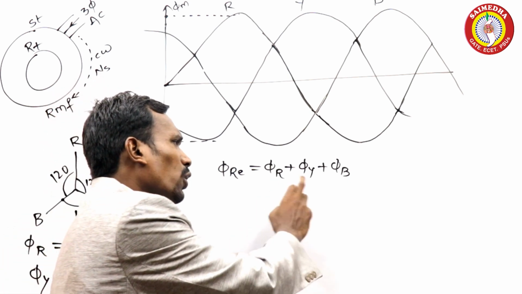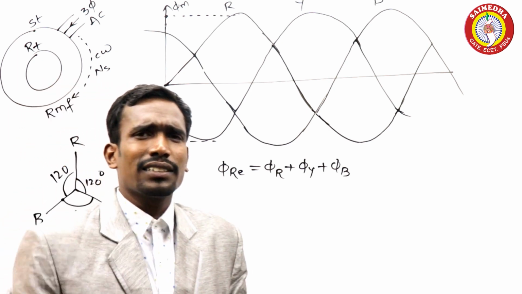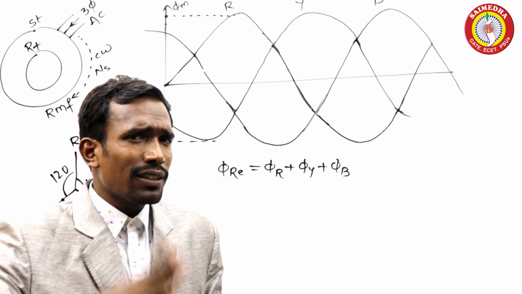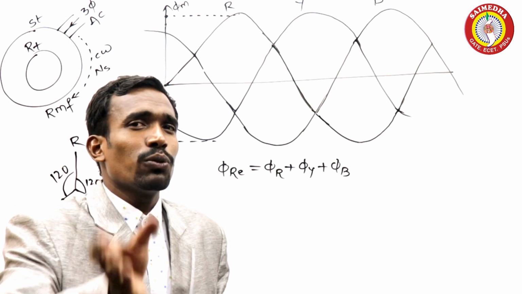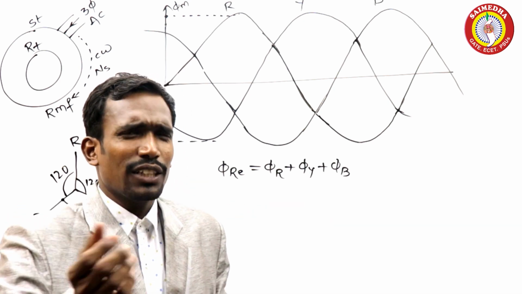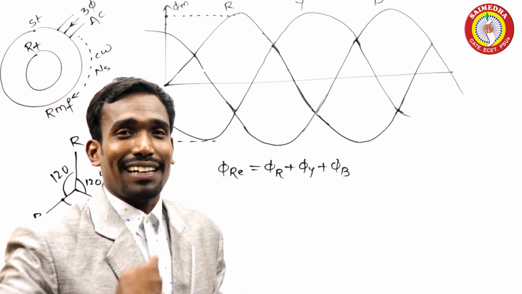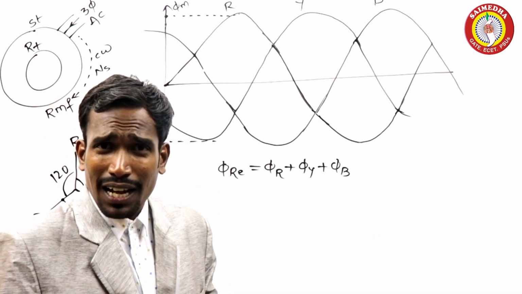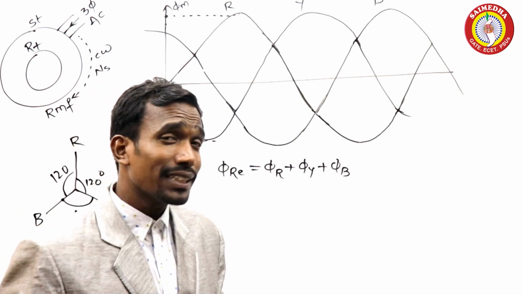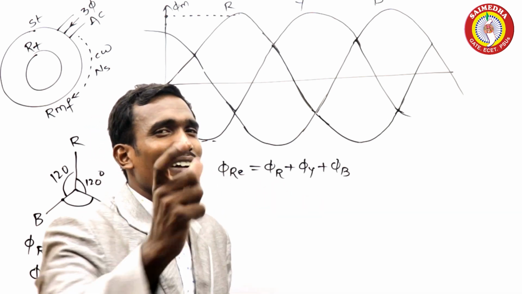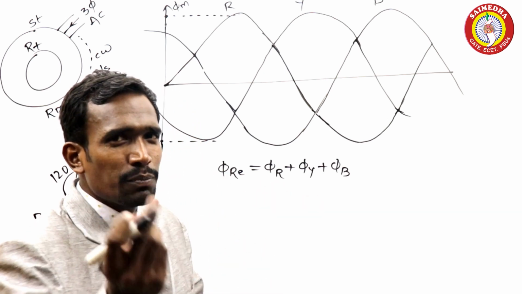For example, if we have only two vectors, the resultant is the square root of phi 1 squared plus phi 2 squared plus 2 phi 1 phi 2 cos theta. We know that formula. But there is no formula to add three vectors. Even so, we have to add three vectors. How? We have a small trick here.